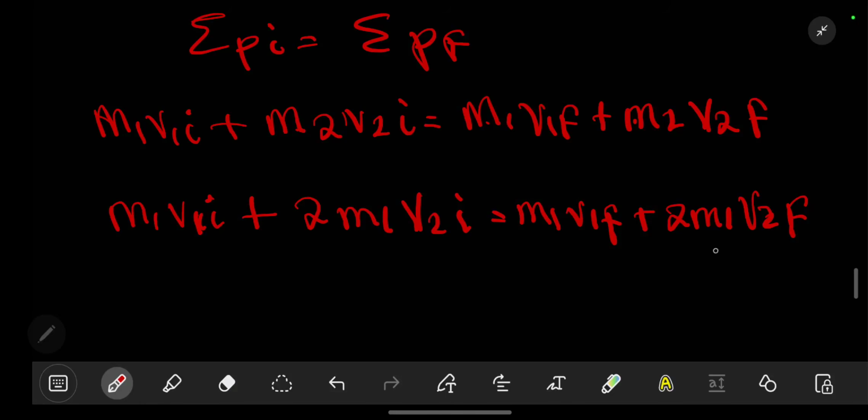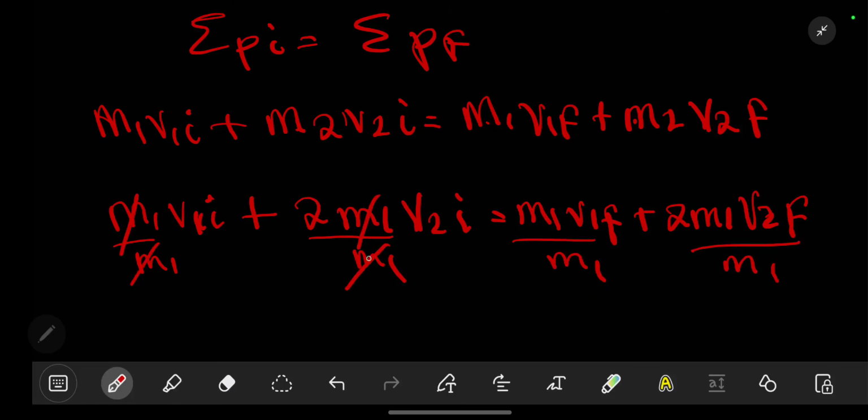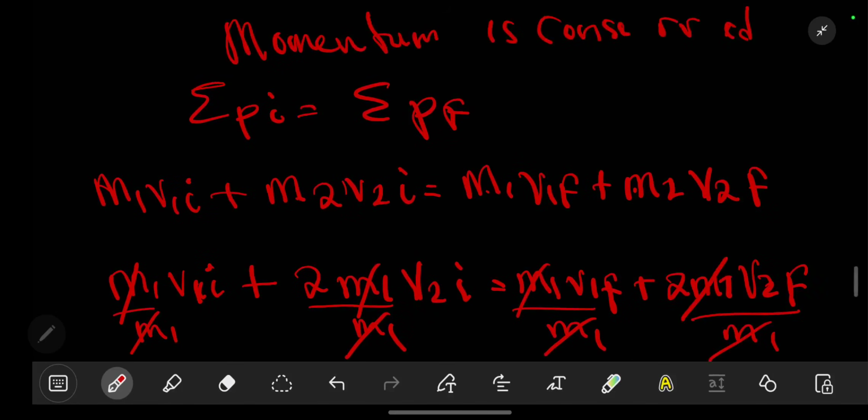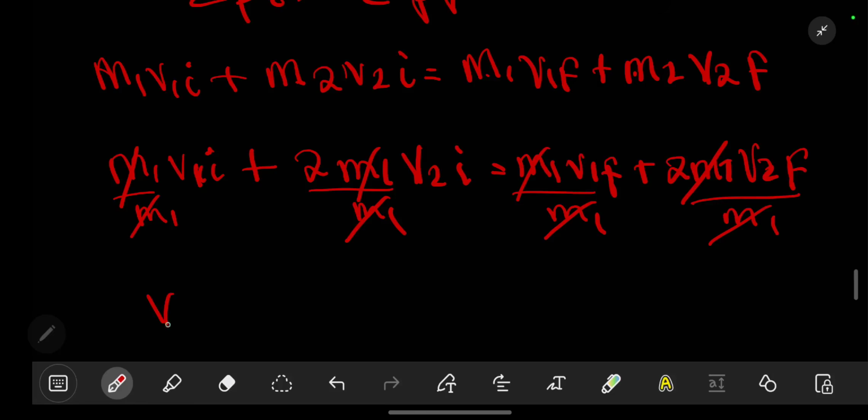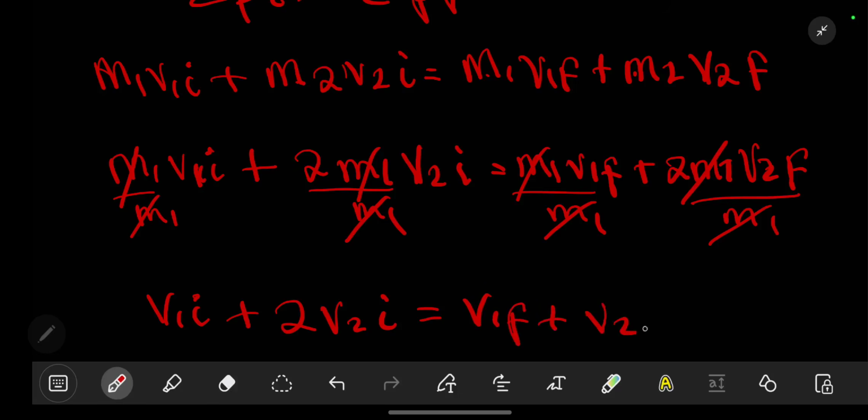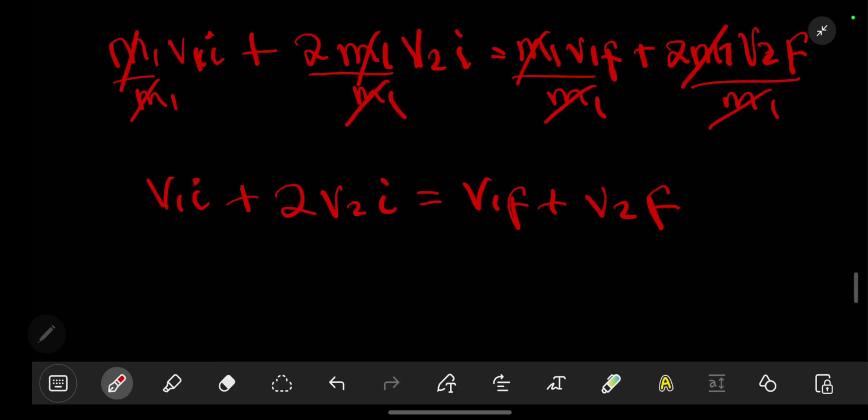Since m1 is the same throughout, we can divide it out, so that we have V1 initial plus 2 V2 initial should be equal to V1 final plus V2 final. This is what we have as our equation.